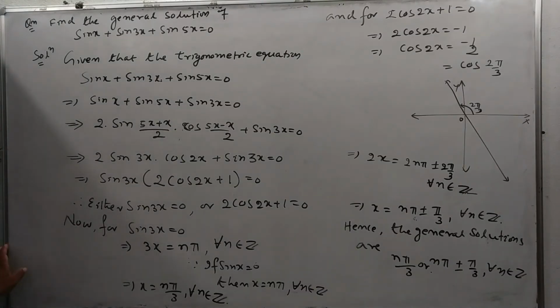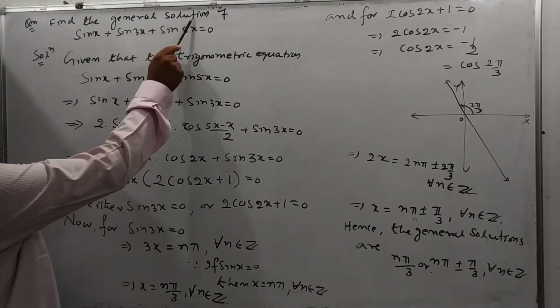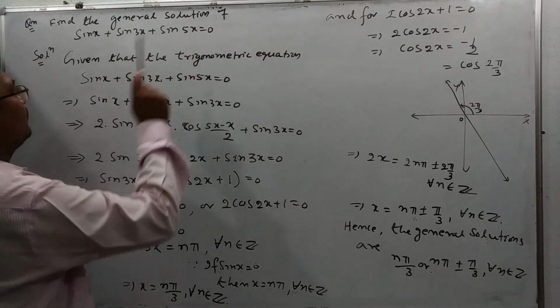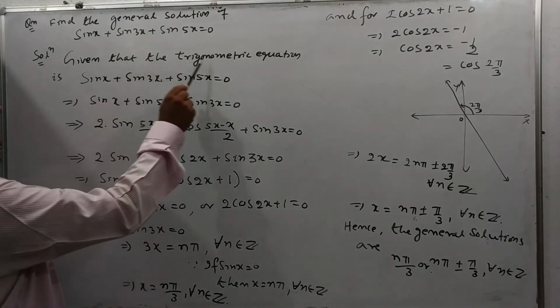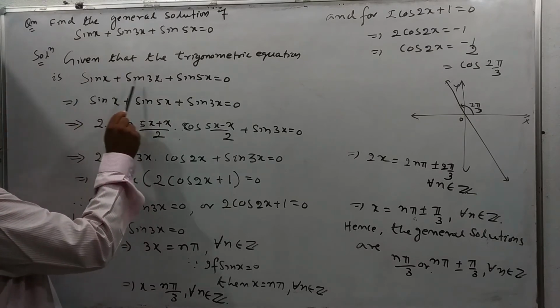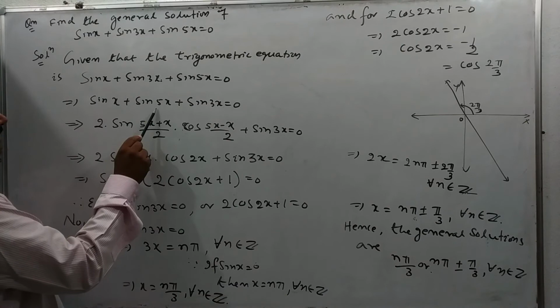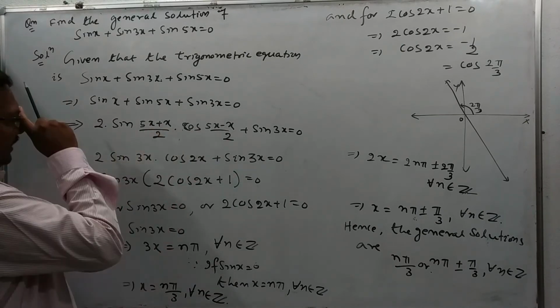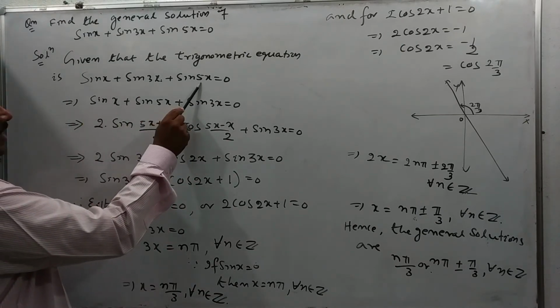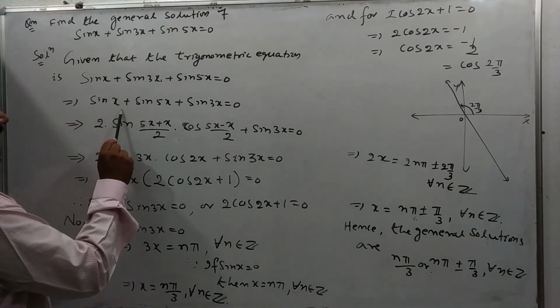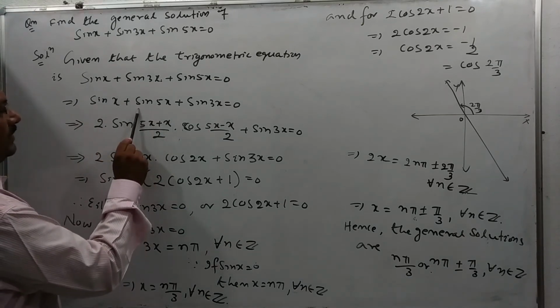Come to another example. Find the general solution of sin x plus sin 3x plus sin 5x equal to 0. Given that the trigonometric equation is sin x plus sin 3x plus sin 5x equal to 0. So sin x plus sin 5x plus sin 3x equal to 0. I brought the sin 5x next to sin x, so that the average of the arguments x and 5x, divided by 2, will be 3x.